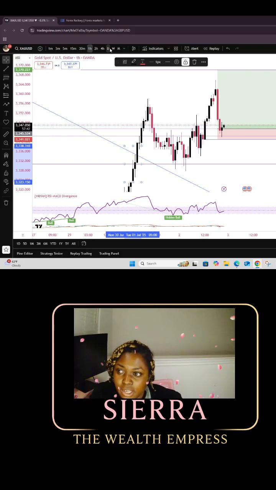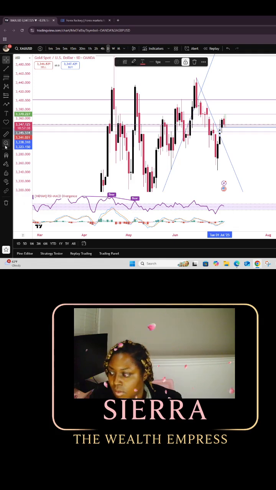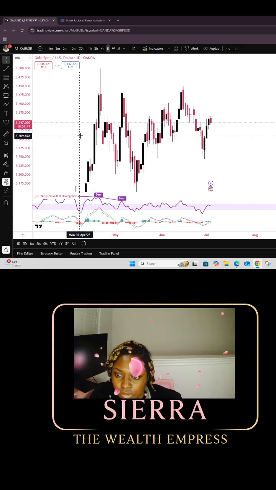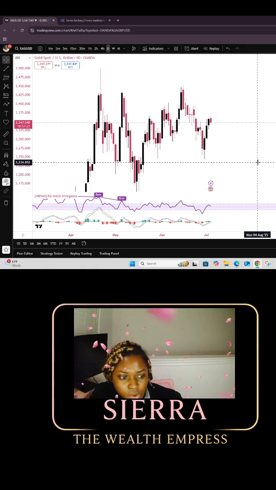Your target's at the daily liquidity. Let's see. I don't see any liquidity here on the daily. When I see liquidity, it has to be equal wicks or equal bodies. Why not target 3393?